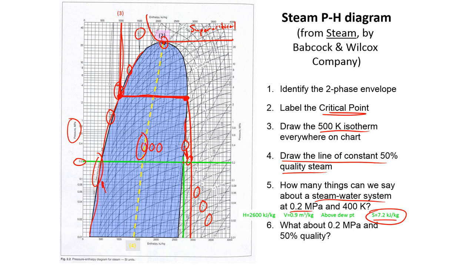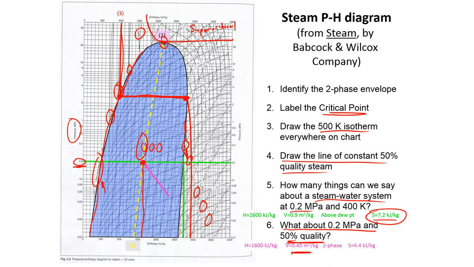So what about 0.2 megapascal, the same pressure, but 50% quality steam? I'm going to draw, there's my 50% intersecting with the 0.2. Again, I can get the enthalpy. The enthalpy is 1600 kilojoules per kilogram. The specific volume is 0.45.